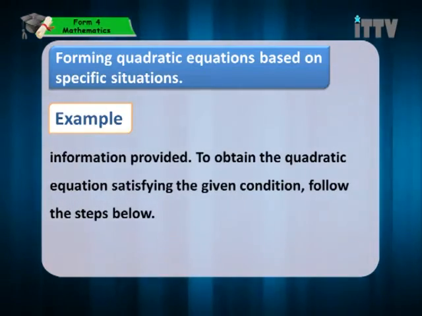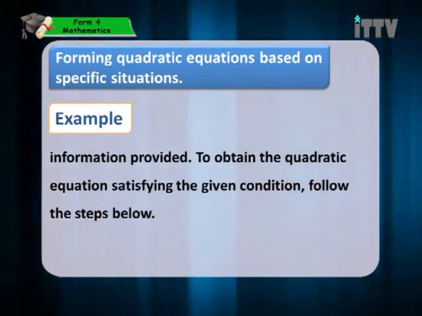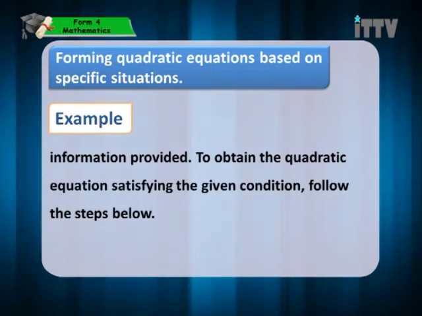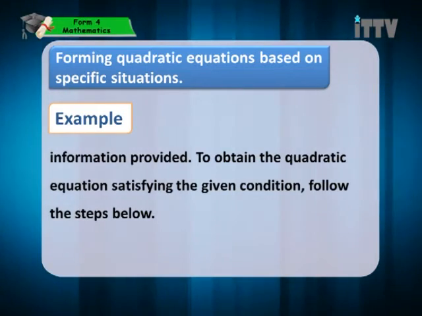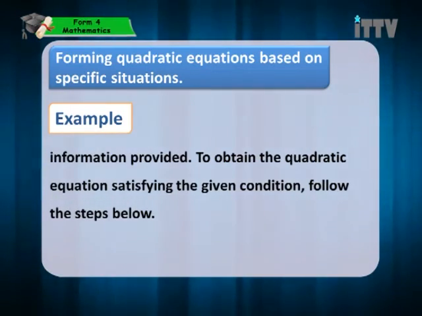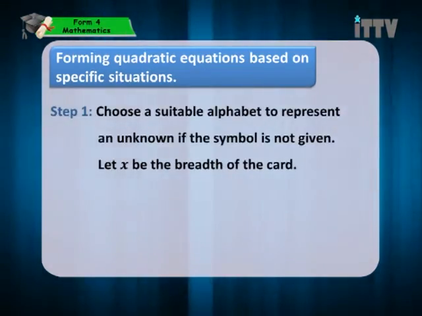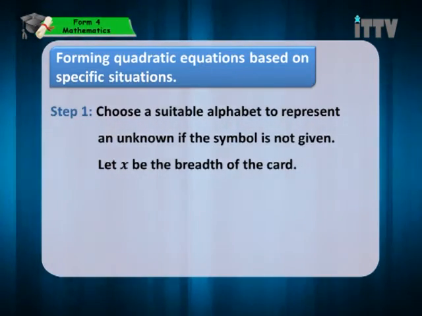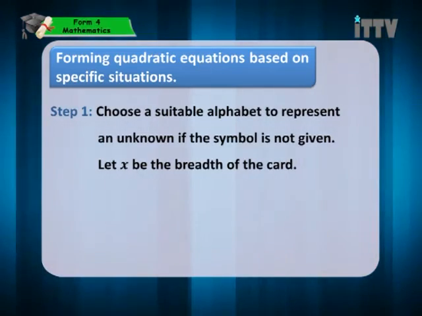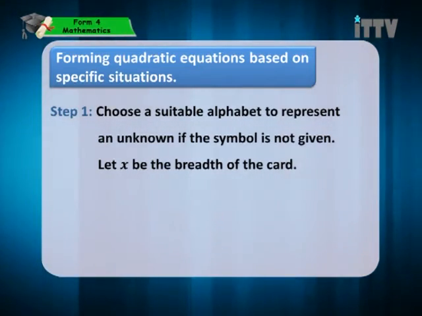So based on this specific example here, how do we go on? To obtain the quadratic equation satisfying the given condition, follow the steps below. In step 1, choose a suitable alphabet to represent an unknown if the symbol is not given.